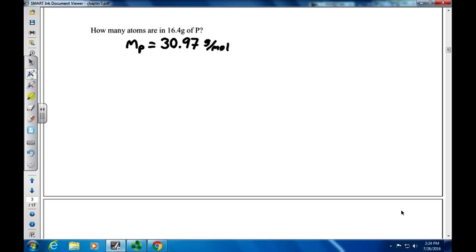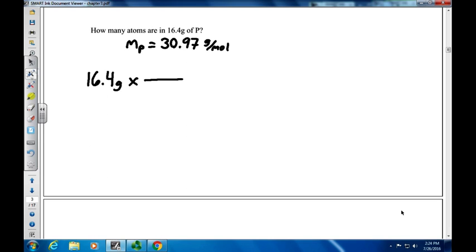So next we're going to want to create a dimensional analysis that can get us to atoms. And you'll see why we needed that molar mass here in just a second. So we'll start with our given, 16.4 grams of phosphorus. We're going to multiply it by our molar mass to get the number of moles.